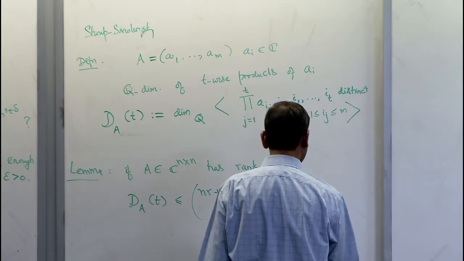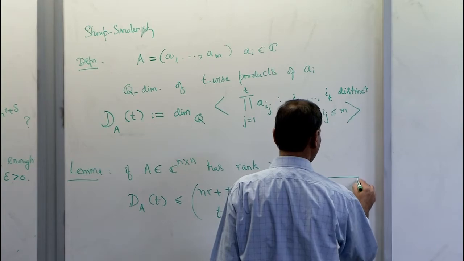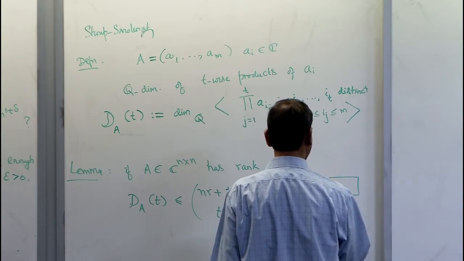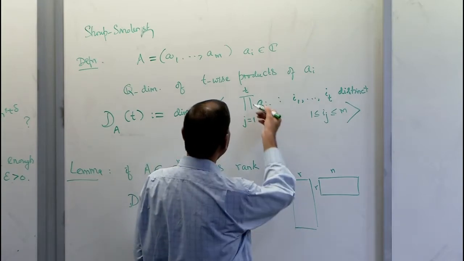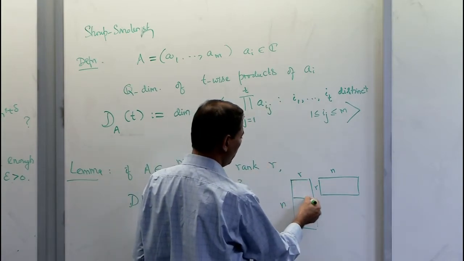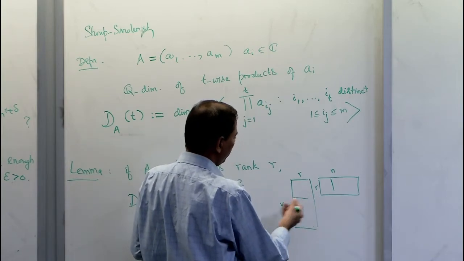The proof is easy to see. Since A is of rank R, you can write it as an n by R matrix times an R by n matrix, and therefore essentially these A_ij's are inner products between rows of one and columns of the other.